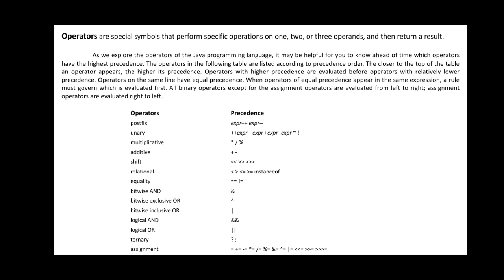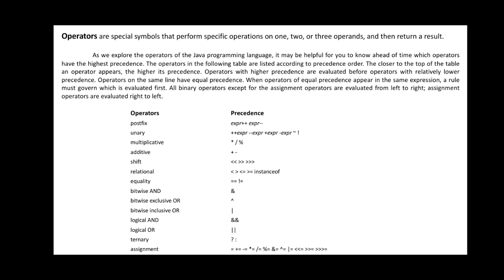Tilde is nothing but a negation or a not operator, we can say. Another one is the exclamation operator. The operator which acts on a single operand we call a unary operator. Postfix is a particular operator which comes under unary operator.